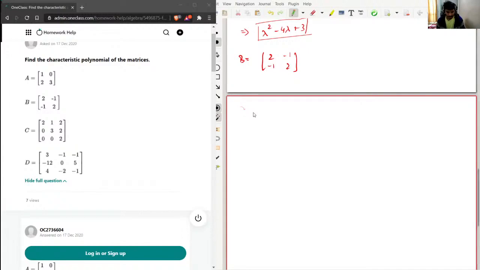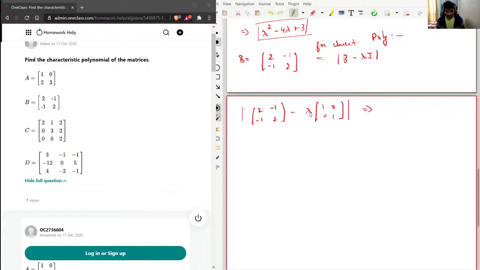So for the characteristic polynomial, it will be B minus lambda times I. So this will become the determinant of 2 minus 1 minus 1 2 minus lambda times, again my I will be of 2 cross 2, so 1 and 1 0 0.